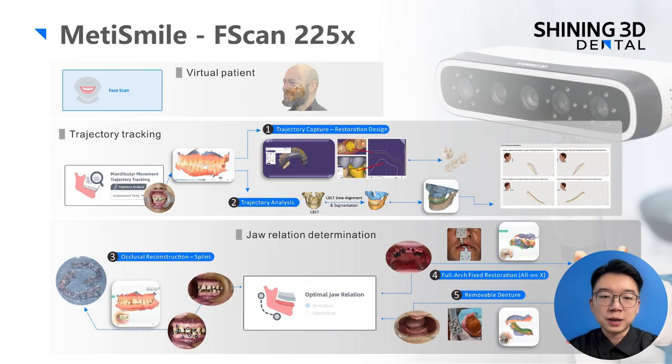The third main part is the jaw relationship determination. It's one of the applications for the jaw motion module as well. We will also give detailed information using real clinical cases to demonstrate how to use the new function, as well as the software updates for the FScan software 2.2.5.4.